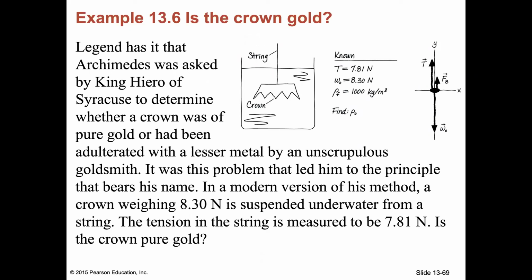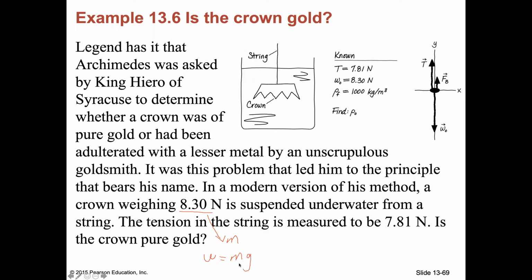Now the key is, let's try to find out the density. First of all, you have the weight of the crown. Can you calculate the density of the crown? The answer is yes. First, from the weight, we can calculate what? Mass. Weight equals mass times g.